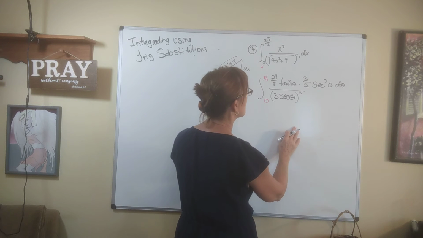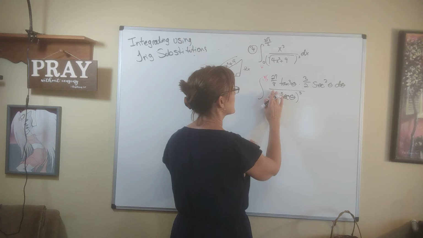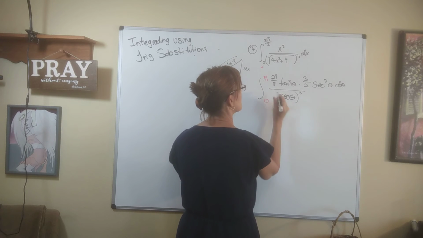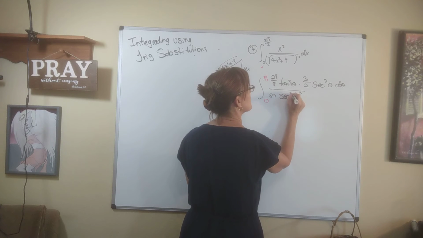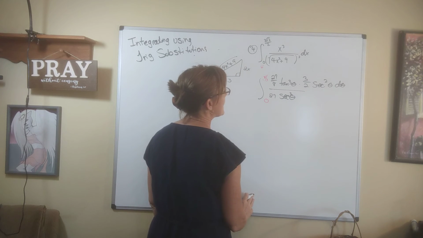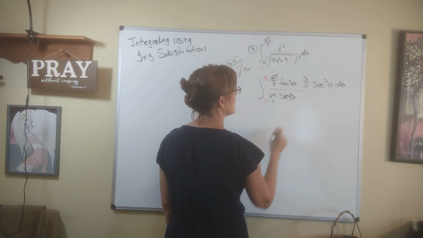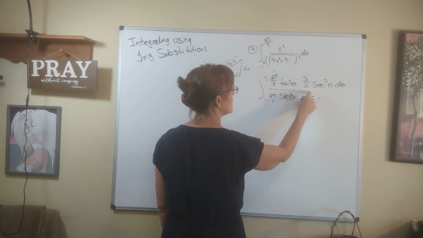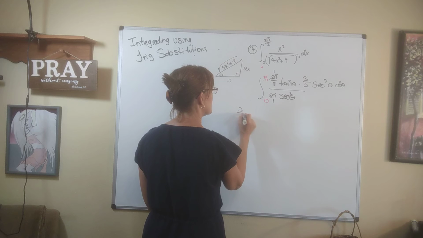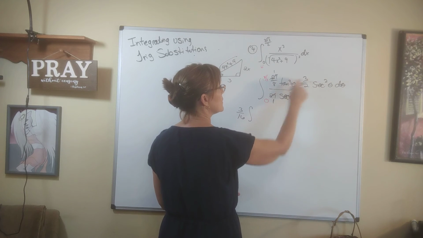What can I do here? 3 to the third is 27. Secant cubed, okay. What can I do with that? 27 will go into 27 one time. I'm left with 3 over 16. 3 over 16 is what's coming out for the numbers. 3 times 1 over 16.